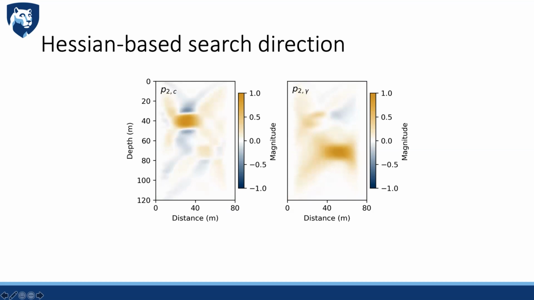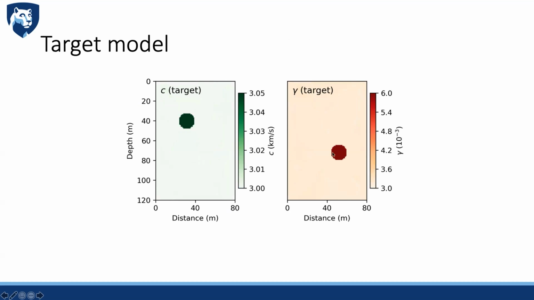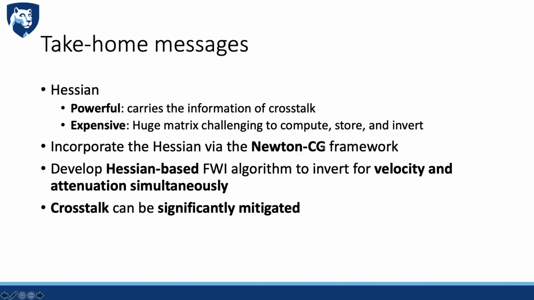And this is one single iteration. After 20 iterations, these are the final models we got. Let's compare to the target model. So these are the target models, and these are the final models. We can see that by incorporating the Hessian in this way, we have a very nice delineation of both anomalies with hardly any crosstalk at all.